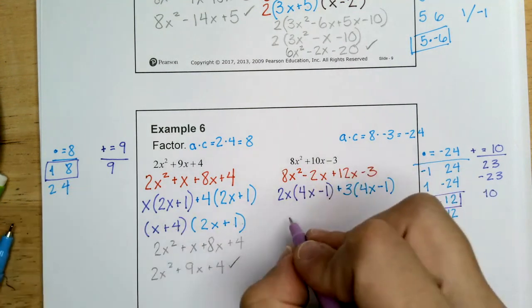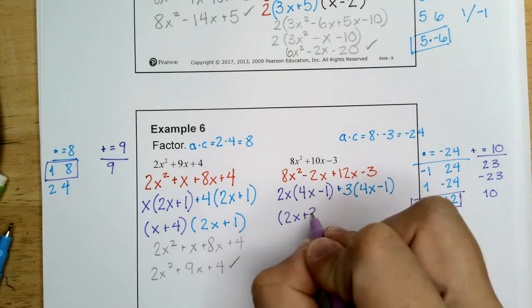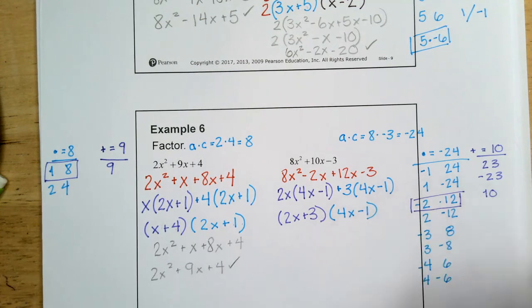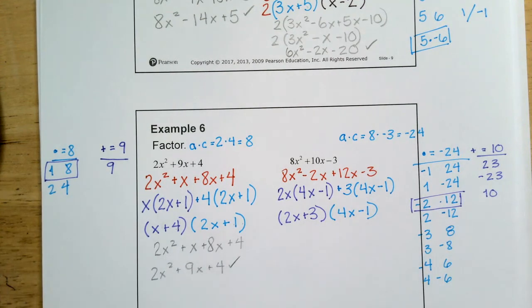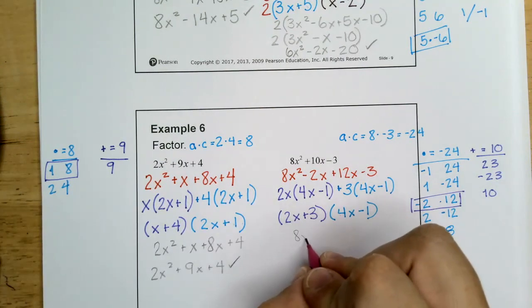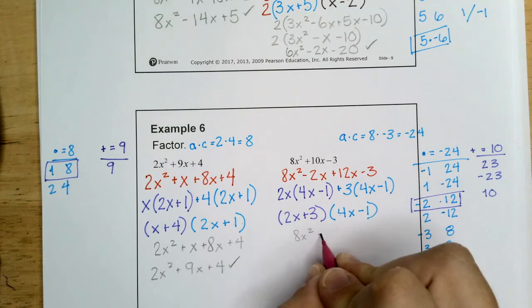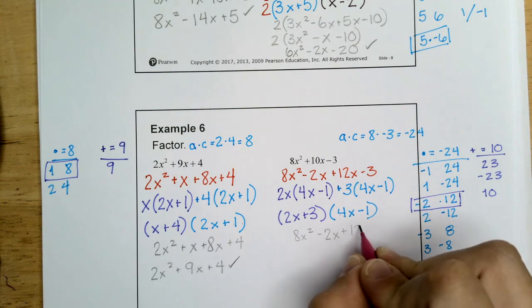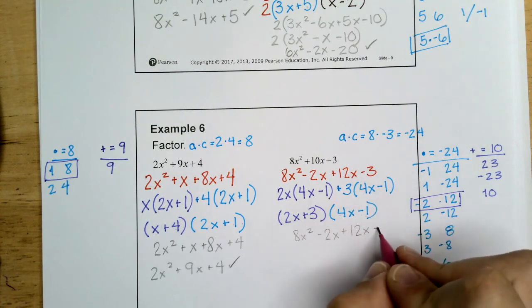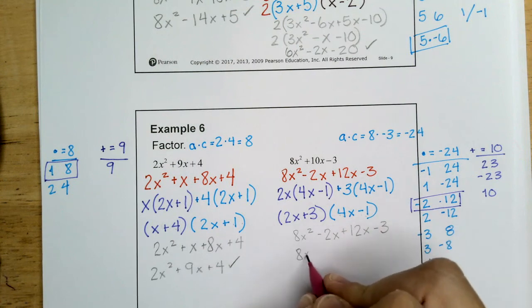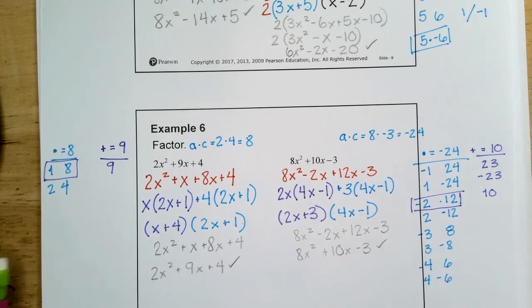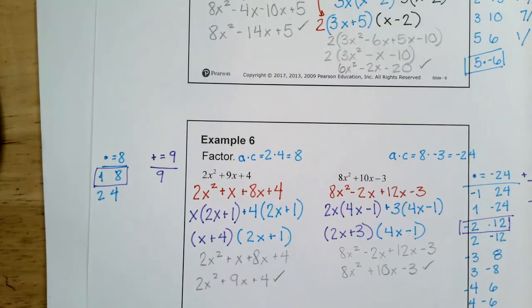So now I have 2x plus 3 times 4x minus 1. 2x times 4x is 8x squared. 2x times negative 1 is minus 2x. 3 times 4x is plus 12x. 3 times negative 1 is minus 3. So that checks.